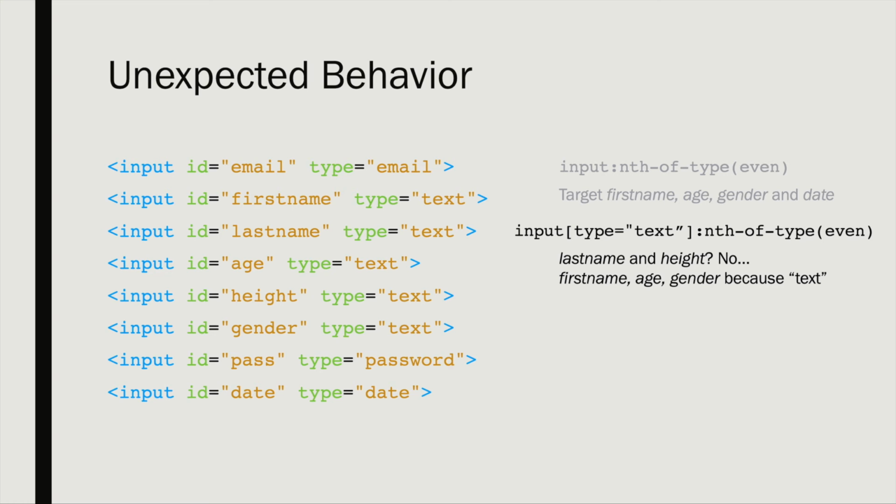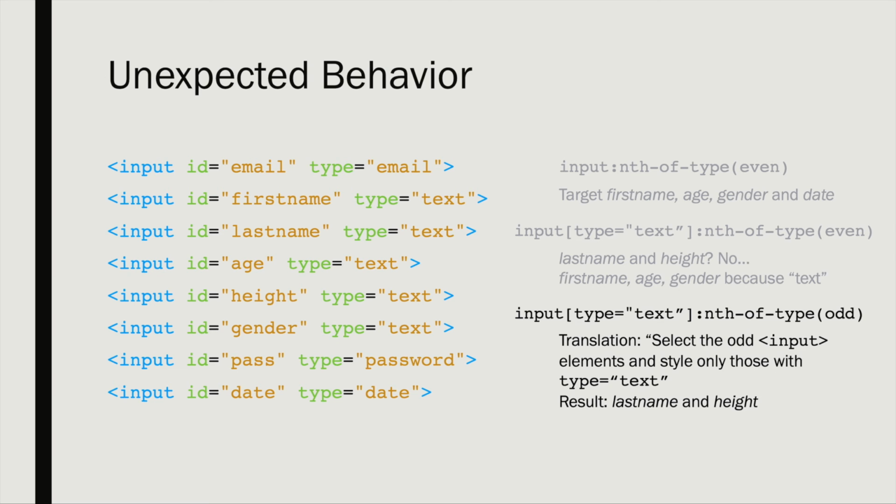The first name is the first actual text input because the first actual input is email. So it's going to target first name, skip last name because it's odd, get age because it's even, height is odd, gender is even, and then we have password and date, so it doesn't pick up anything else.